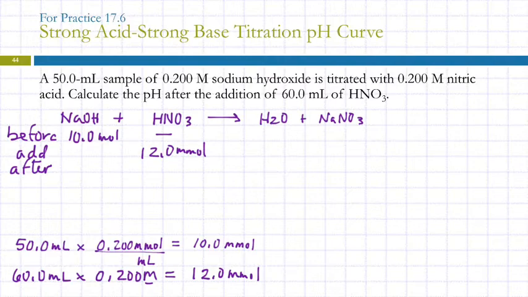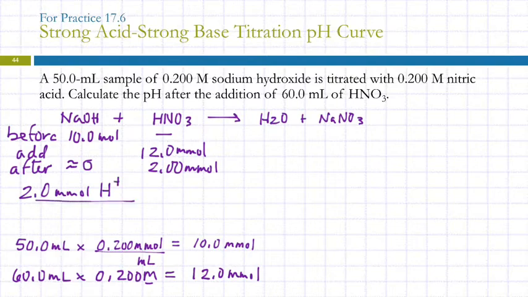We're going to have 2 millimoles of the acid left and essentially none of the hydroxide. So I've got 2 millimoles of the nitric acid.